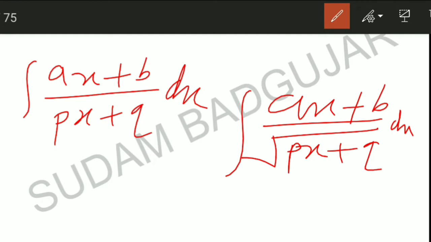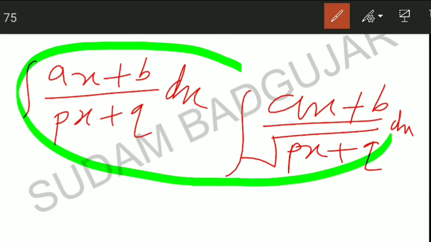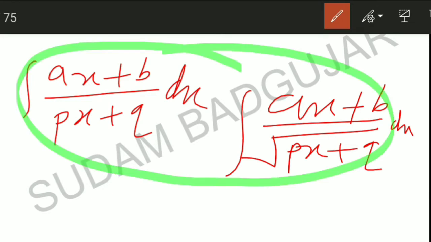I also gave one rule for solving such a type of integration, means integration of linear upon linear or integration of linear upon under root of linear. There is a special rule.